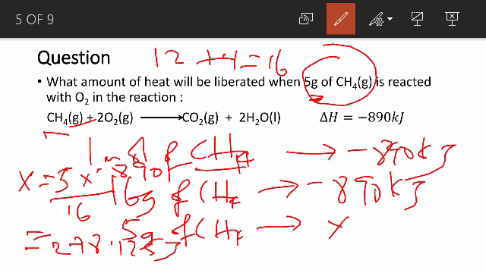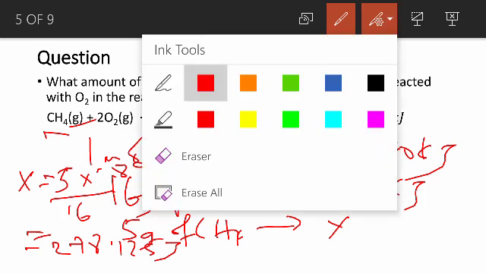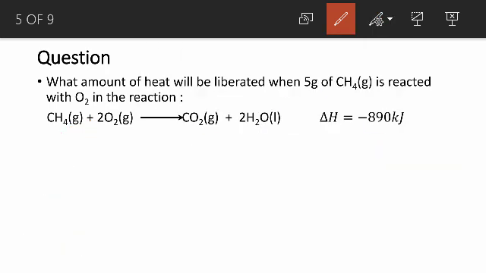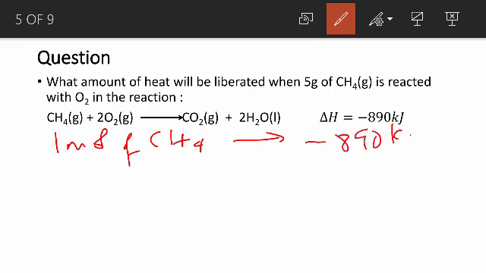Okay, so let's go over that again. We see that 1 mole of methane, 1 mole of CH4, will liberate minus 890 kilojoules of heat. And 1 mole of CH4 means 16 grams, the molar mass.